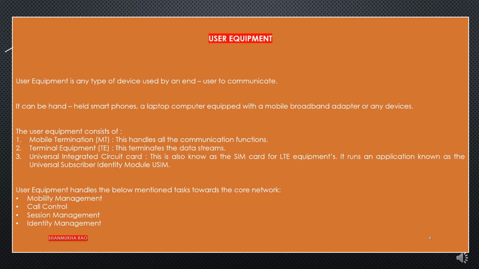First is mobile termination, MT, which handles all the communication functions. Second is terminal equipment, TE, which terminates the data streams. Third is the universal integrated circuit card, also known as the SIM card for LTE equipments. It runs an application known as the Universal Subscriber Identity Module, USIM.